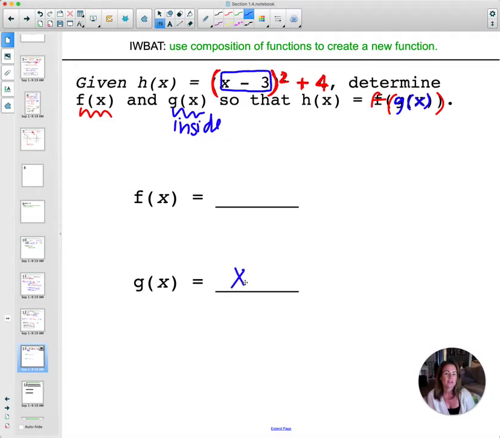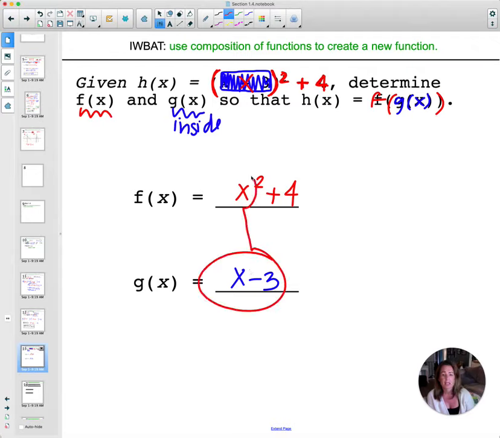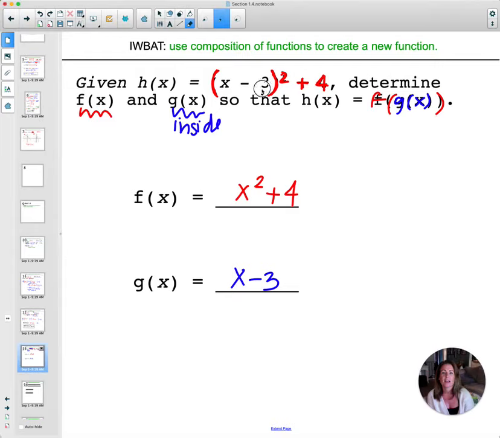So g of x is x minus 3, and then now when you write this, the red function, that's now just an x. So x squared plus 4, because then you would take this and plug it in here. So inside function, x minus 3, outside function, x squared plus 4, or input squared plus 4.